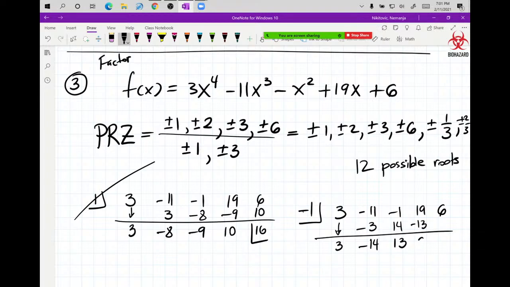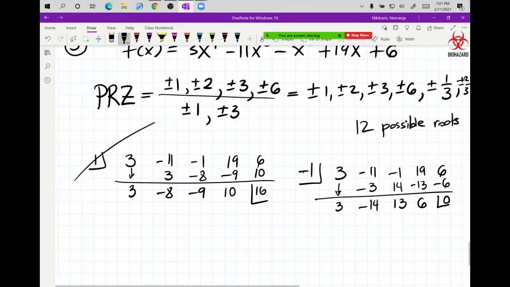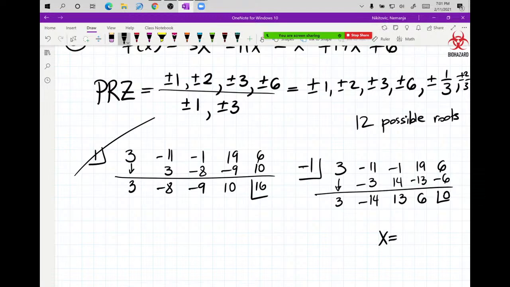When I subtract them, I get positive 6. Ooh, there it is. I get negative 6, and there is the 0. So, x equals negative 1 is a factor. Oh, sorry, root. X plus 1 factor, right? The opposite sign.